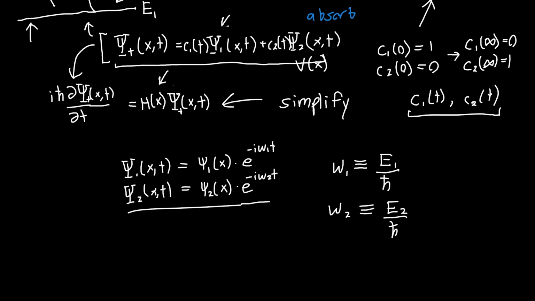You're probably going to need to use the product rule here, because you've got two functions of time multiplied by each other. The equation you get is going to contain quite a few terms, and I'll write it down in just a moment. So try and take some time to do that substitution yourself.